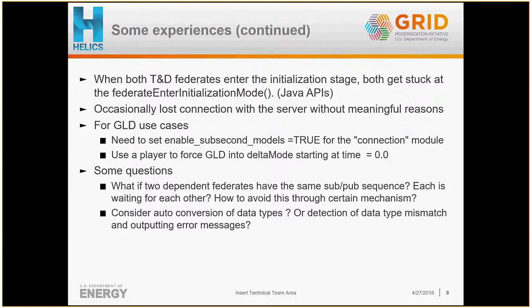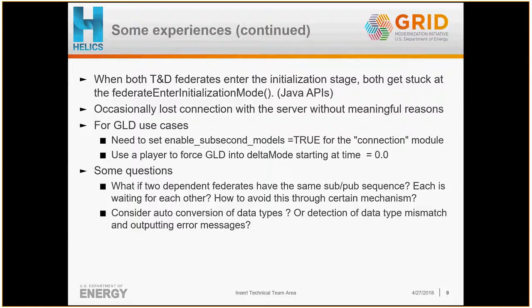For example, with a 1 second time step, if they are both subscribing to the value, unless you specify one as ahead of the other, they're both going to be granted the same time, and then they'll both get the updates that the other one published at the previous time step.